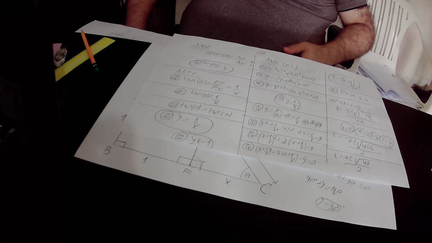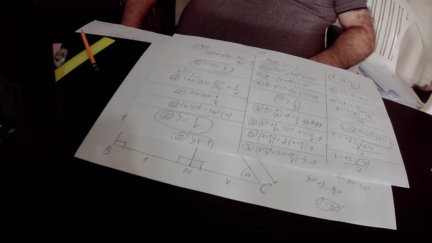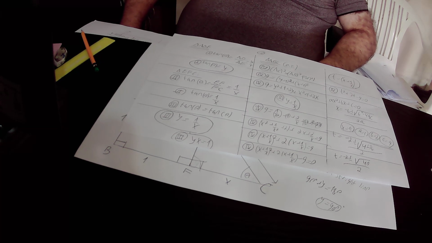What does it mean that Y times X equals 1? It means that Y is the inverse number of X and X is the inverse number of Y.